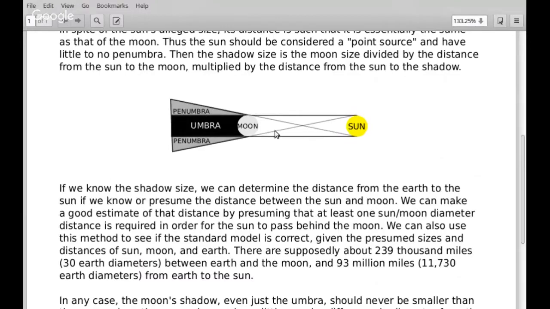And it doesn't matter how big and far away the sun is; what matters is what it looks like compared to the moon from our perspective at this end of the shadow where it's hitting. Then, assuming the moon is a certain size, the apparent size of the sun is the same, and it's not going to be very far behind the moon, because, like I said, they look the same size to us, so it can't be very far behind it.